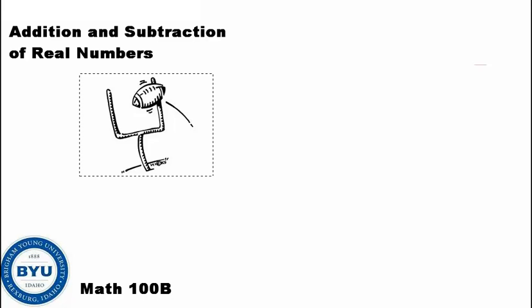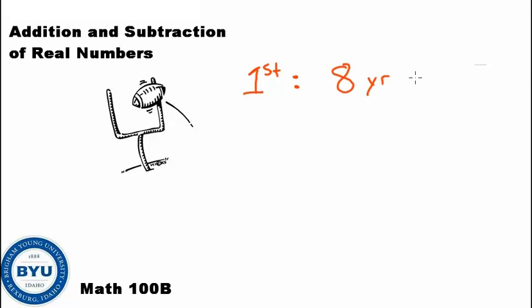So here's an example for you. Another place where we see positive and negative numbers is in football. You can have positive yardage and negative yardage. Let's say on the first attempt, a team runs and gets an 8-yard gain. And then on the second down, that team gets sacked and loses 12 yards.